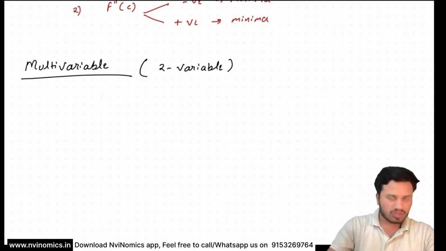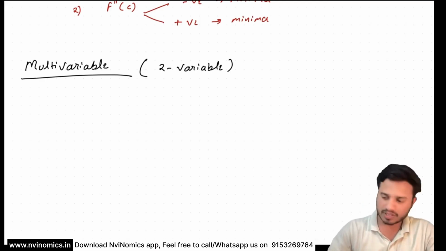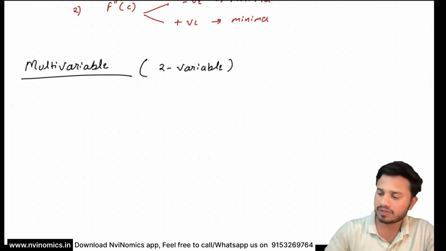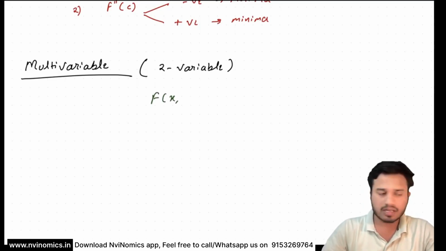So you have a function in two variables, suppose a function is given like this, f(x, y) equals some z.